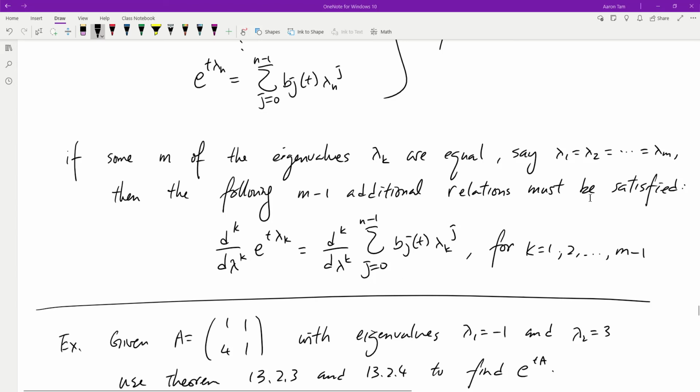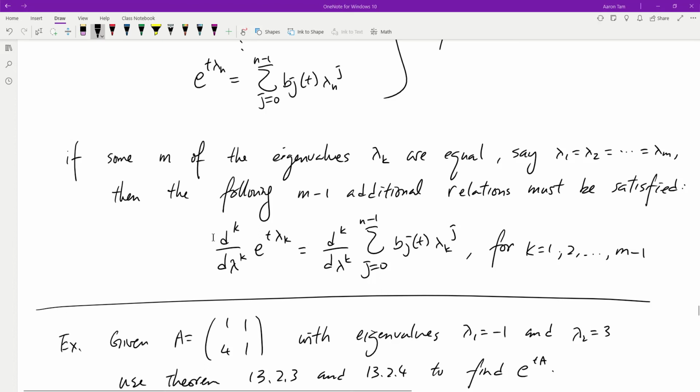For us, we only have one repeated value, which is lambda 1 equal to lambda 2. So in this case, m is 2. So I would simply use one value, k equal to 1, to go through this process.